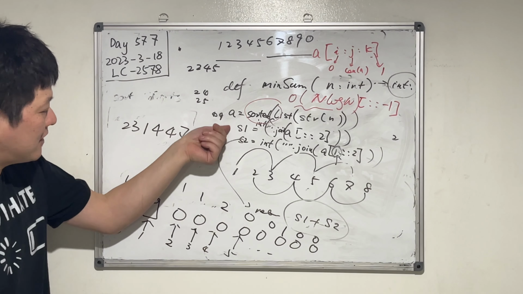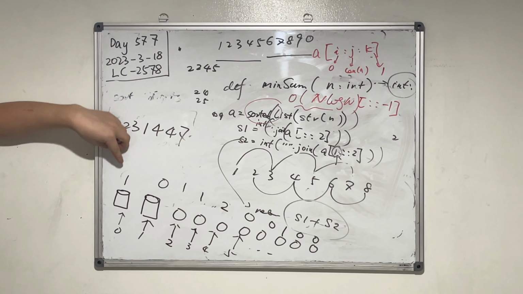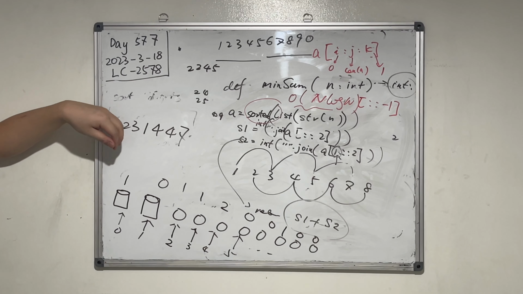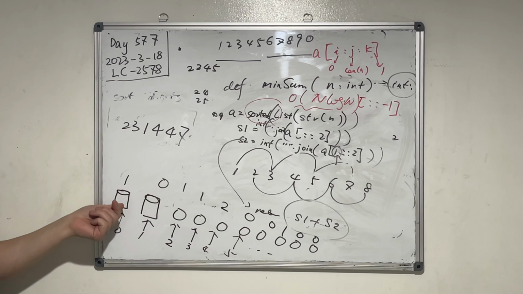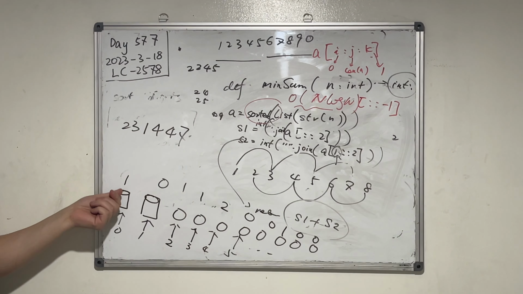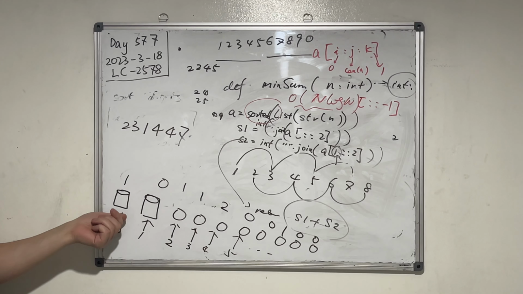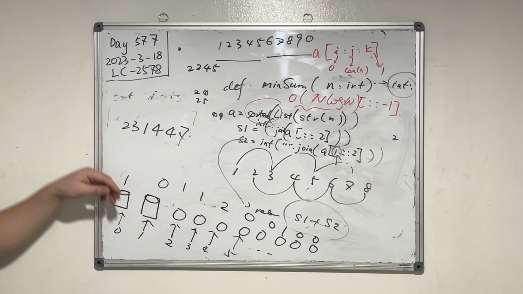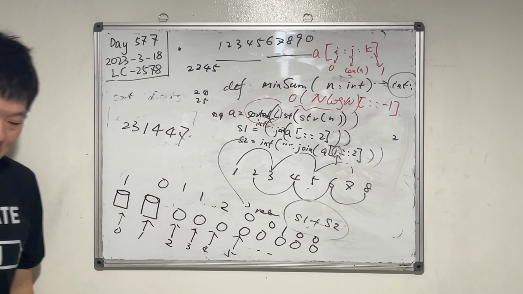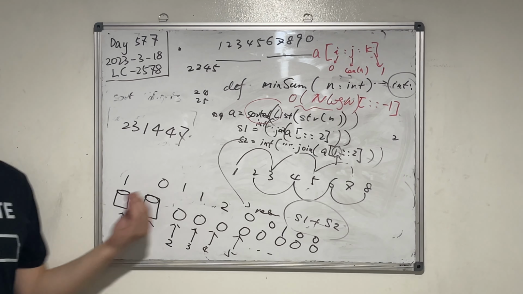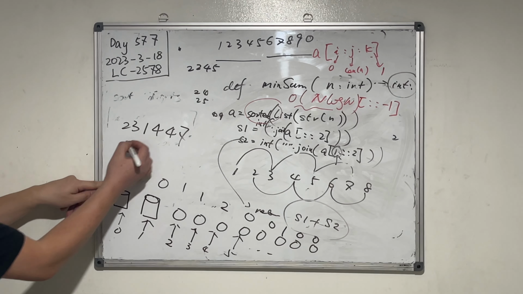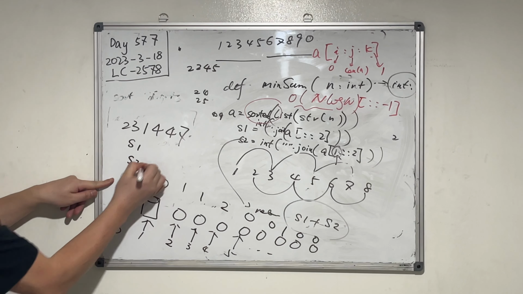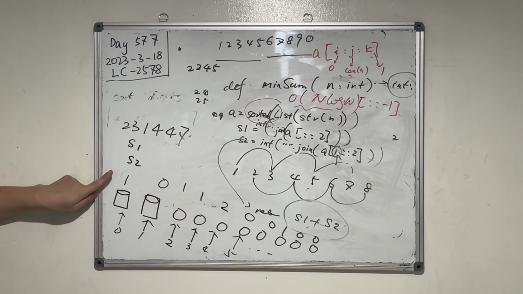How do we construct these two numbers, S1 and S2? We just go through these digits and count how many times they appear. We check from left to right. The left is 0, the smallest digit, and there is nothing there. For digit 1, where does it go? Here.